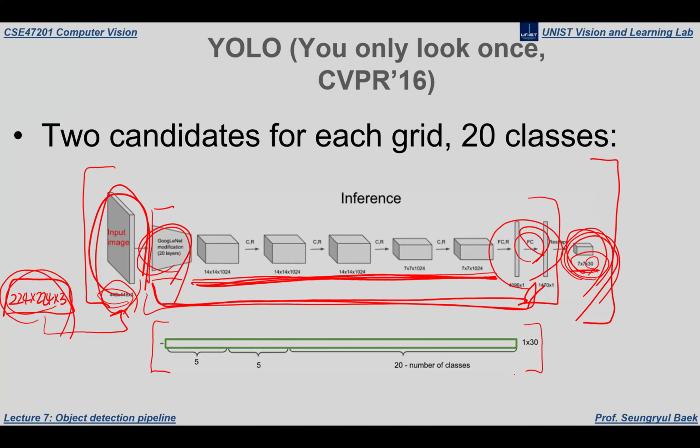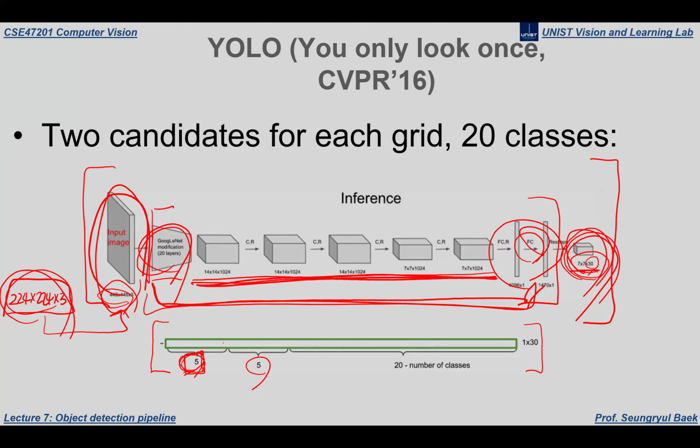That 30 dimension is actually composed of this. Their default setting is to estimate 2 bounding boxes, and each bounding box's information is composed of 5-dimensional floating values. I will explain why it is like that.